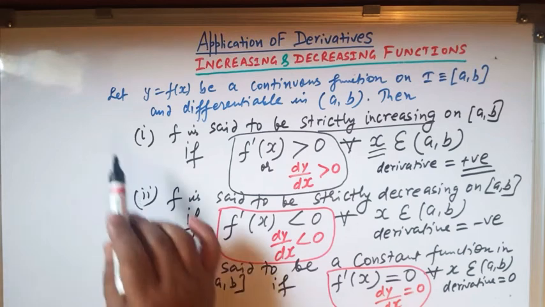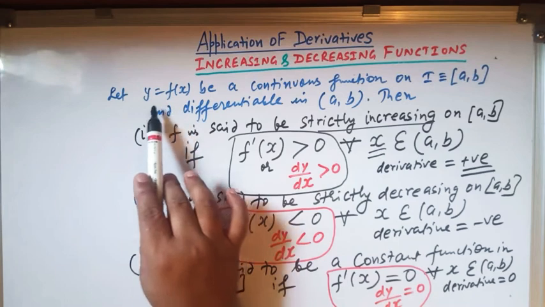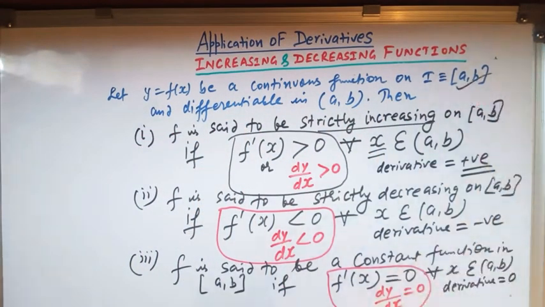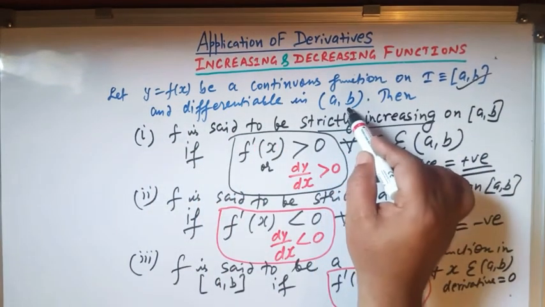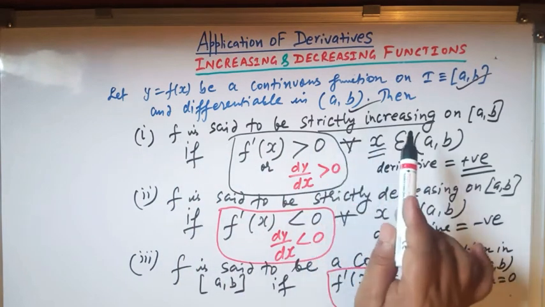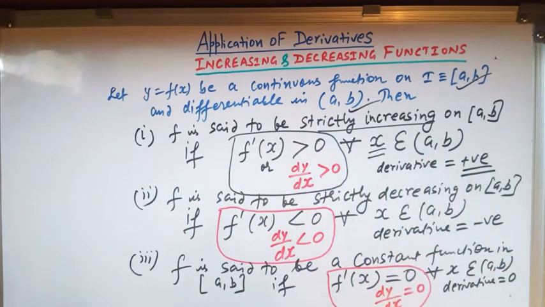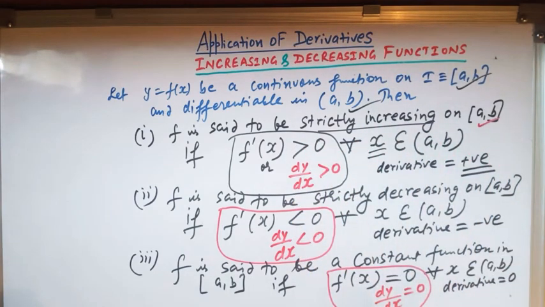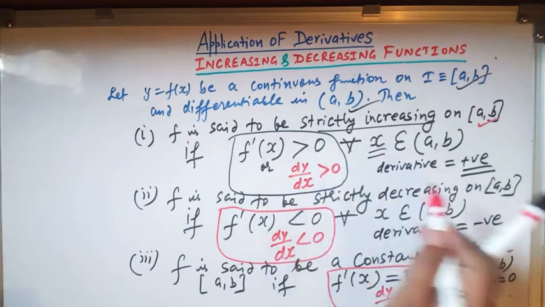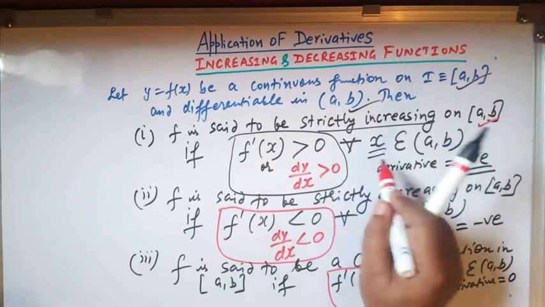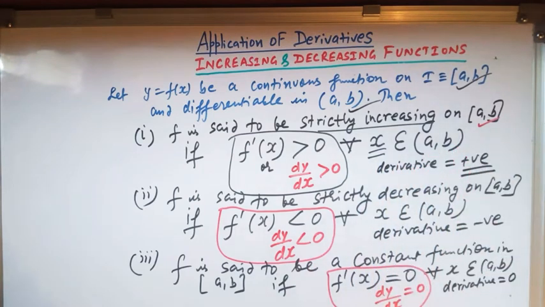So viewers, here I am once again revising what we have discussed so far. We have a function y equal to f(x) which is continuous in the closed interval a comma b, and it is differentiable in the open interval a comma b. Then f is said to be strictly increasing on this interval if the derivative is positive, f prime of x is greater than 0 for all x belonging to a comma b.